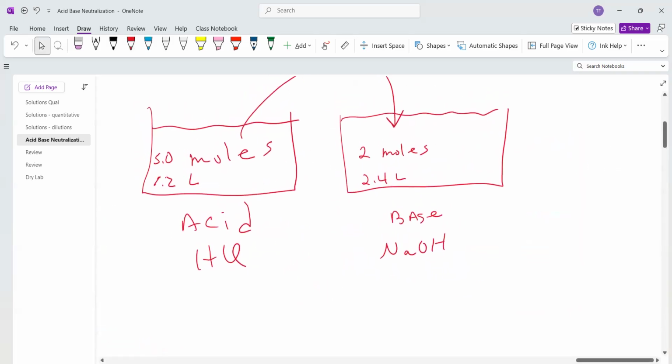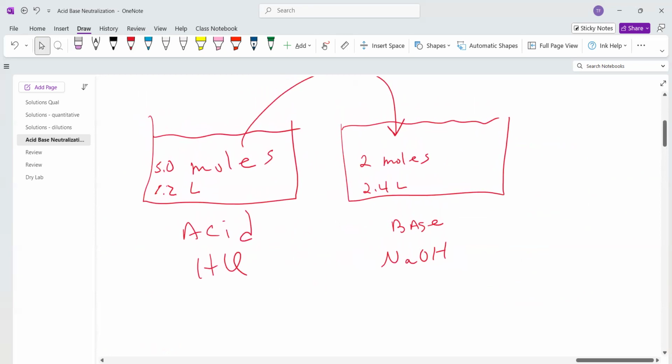Okay, so we've got HCl plus NaOH. What does that make? Well, it's really not HCl, it's really H+ Cl- and Na+ OH-.